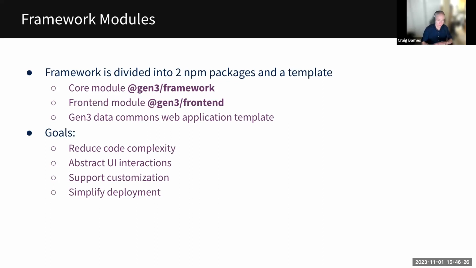The overall goals of the project and the overall design of Gen3 are to reduce code complexity, abstract some UI interactions, including how the UI interacts with backend services like all the Gen3 services, definitely support customization, and simplify the deployment. So Commons becomes your code base. You own it, and it becomes much easier to make changes and incorporate changes. Next slide, please.